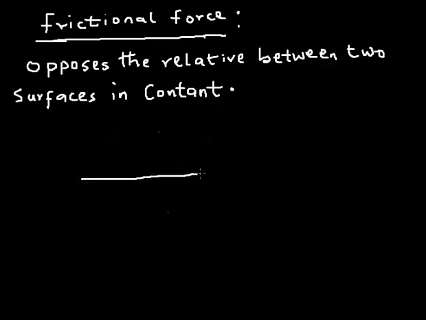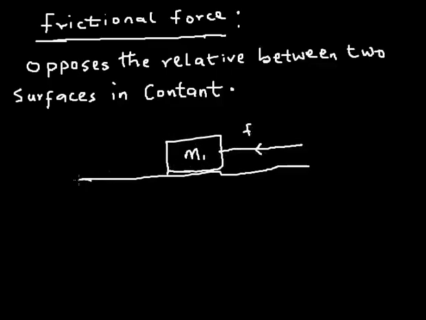So let's take, for example, you place an object on a surface. For you to apply a force to move this object along this surface, this force is going to need to overcome the frictional force that will oppose the motion.